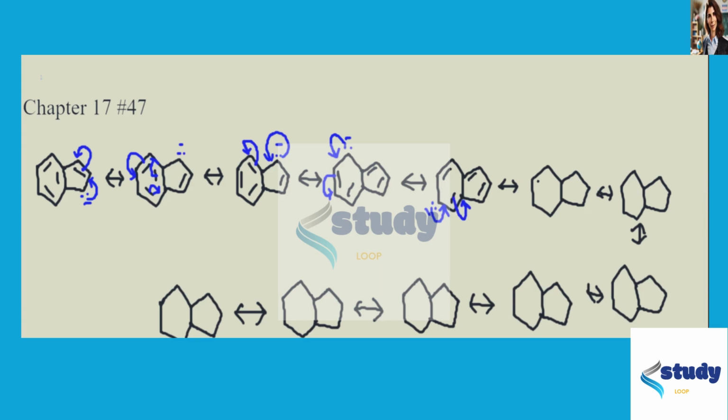Now the electrons can move like this. It's going to get us to here, with our lone pair and negative charge at that carbon at the ring junction.